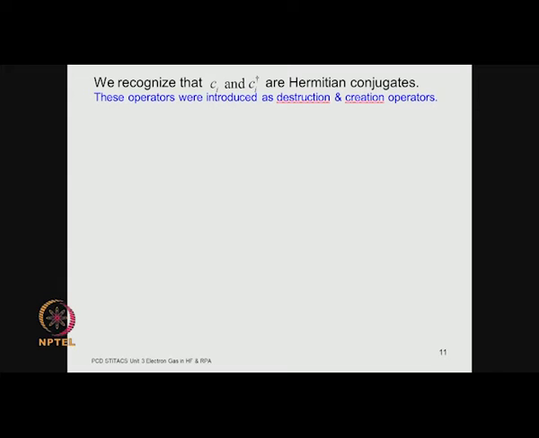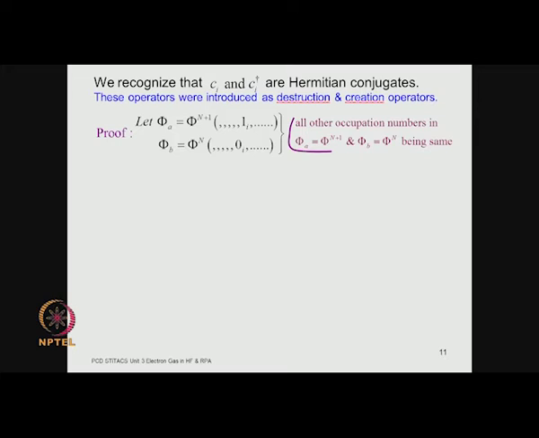Now, just for completeness, let me remind you that these operators, which have been primarily introduced as destruction and creation operators, are Hermitian conjugates of each other. Our first introduction was in terms of creation and destruction operators.